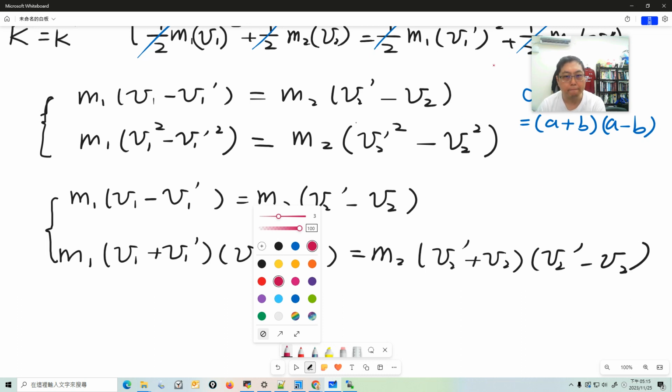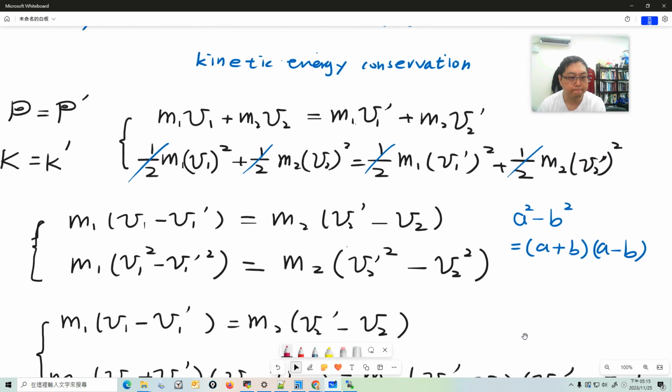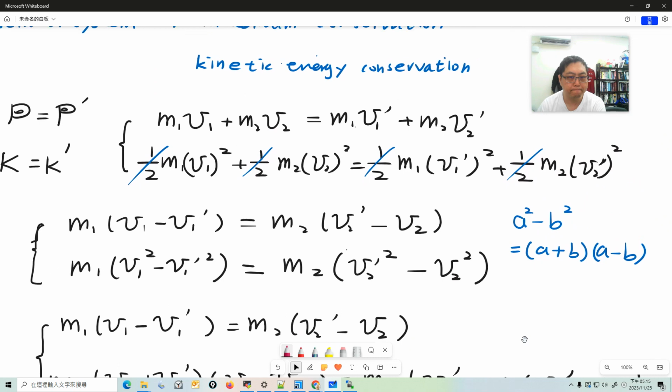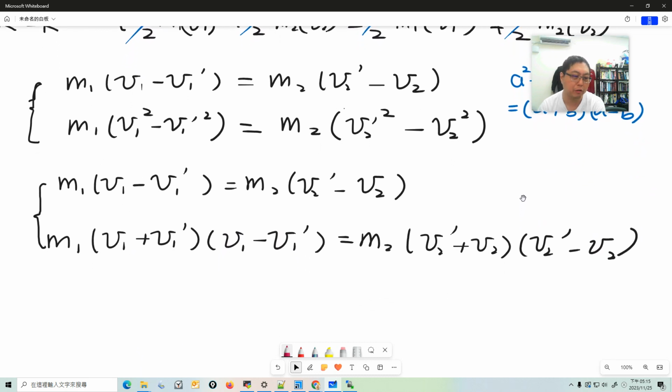I think I should also label the equation. Just label it: this one is 1, this one is 2. Let's divide 1 by 2.